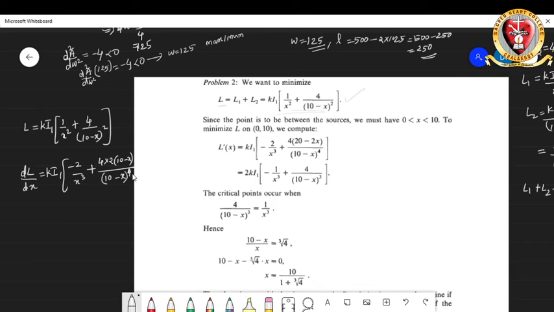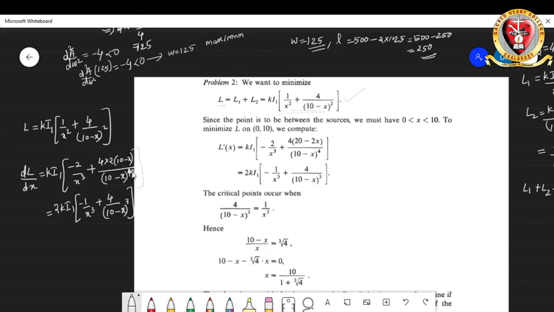(10 minus x) the whole cube, right? So then you can take 2 out, so you have 2kI1 into minus 1 by x cube plus 4 by (10 minus x) the whole cube.